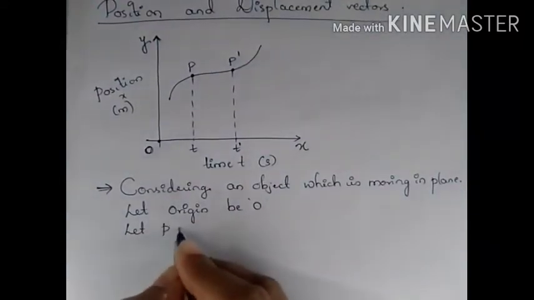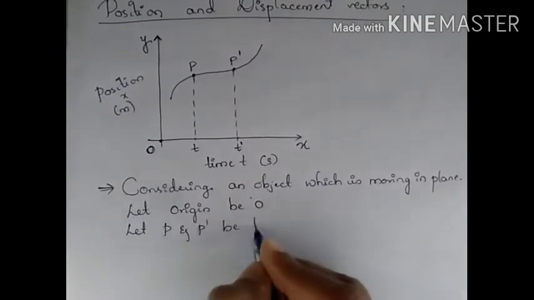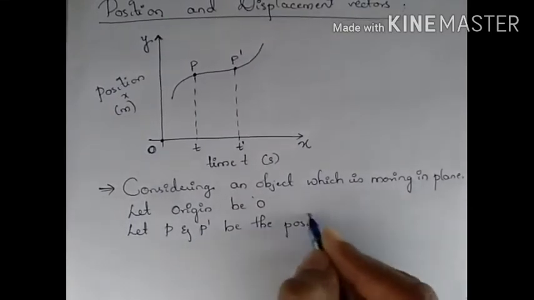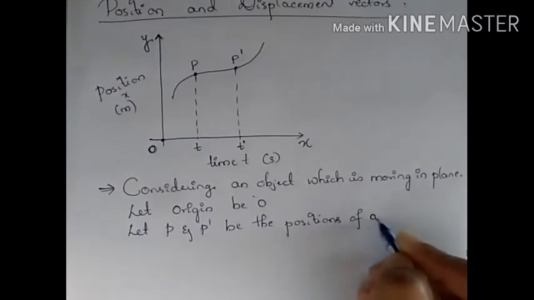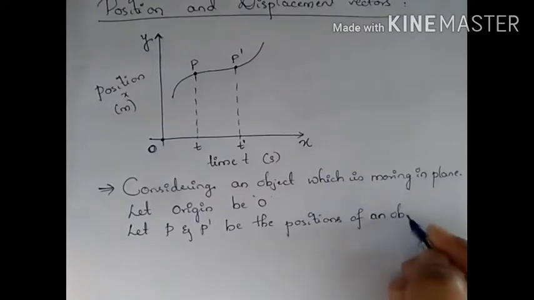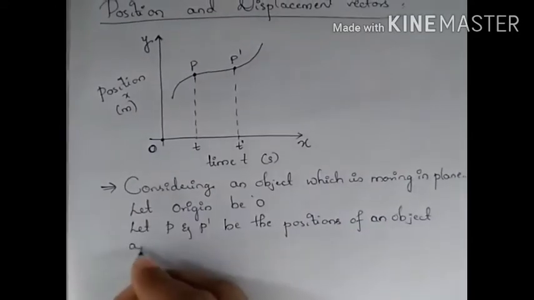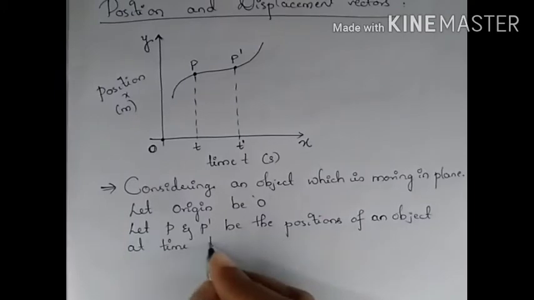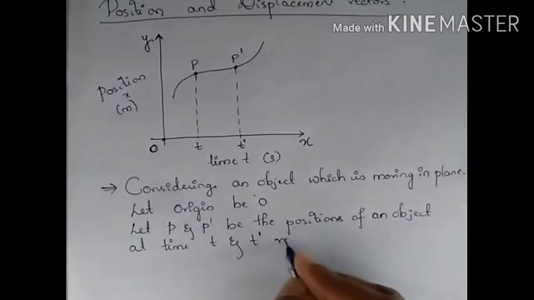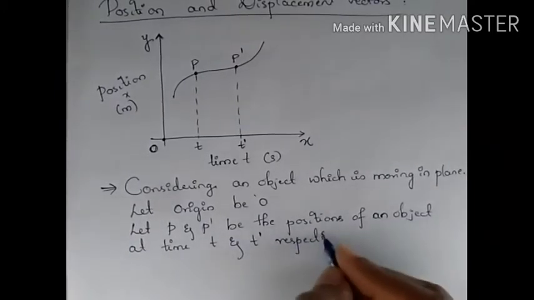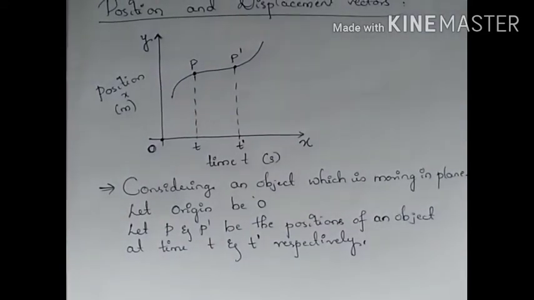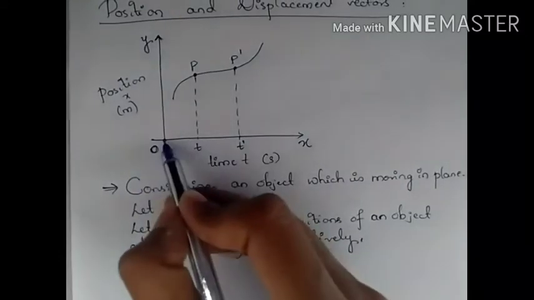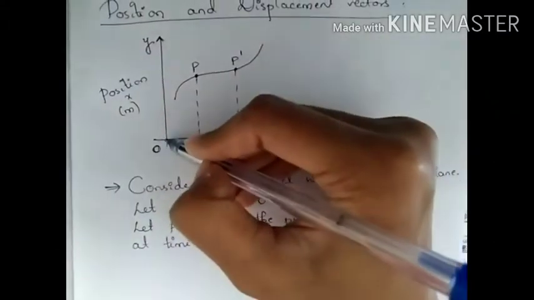Let P and P prime be the positions of an object at time T and T prime respectively. Now to get a position vector, we have to join O to P with a straight line.